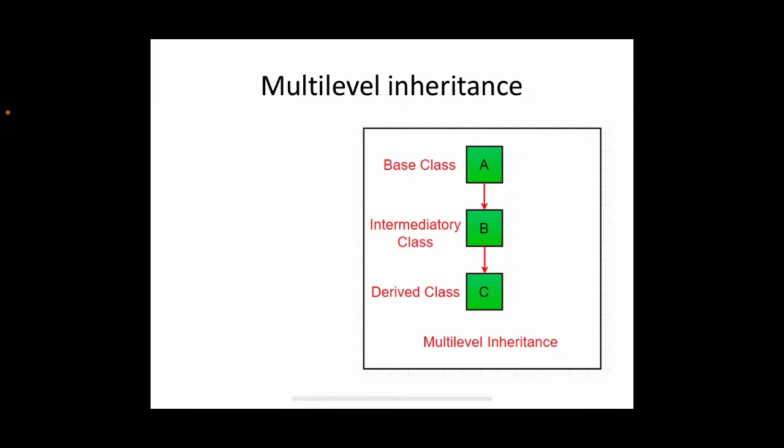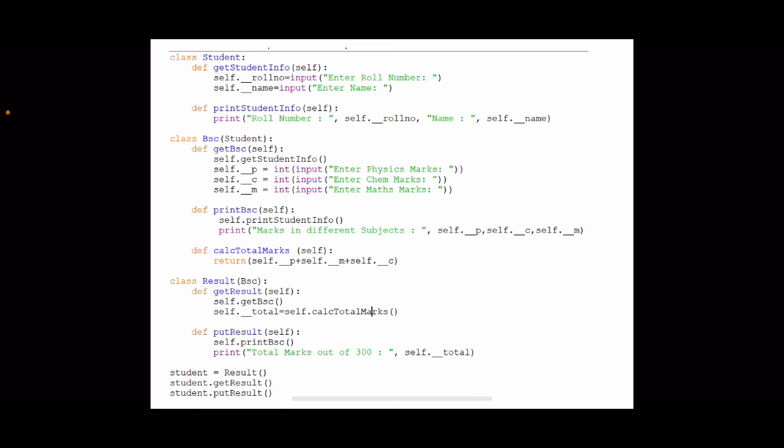That is multi-level inheritance. So you can see here an example, class student. Student is a parent class in which we have a method get student info. The roll number and name will be read from the keyboard. And print student info is another method inside the student class, where the roll number and name will be displayed.